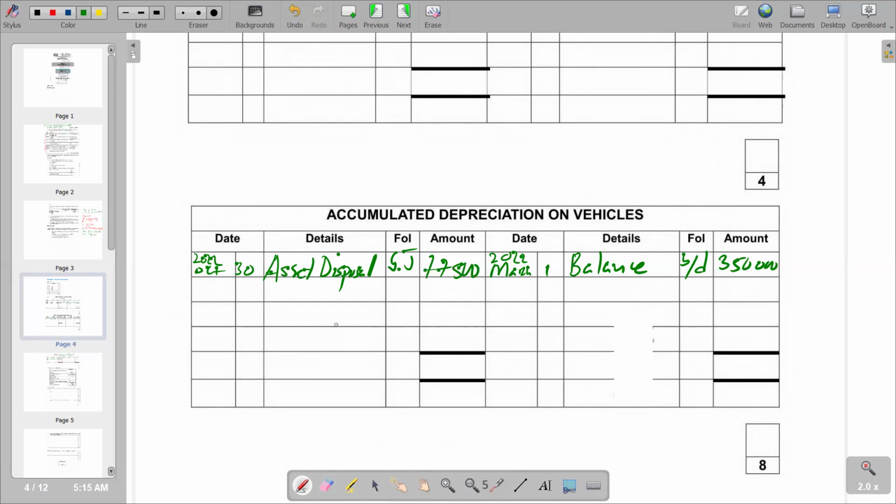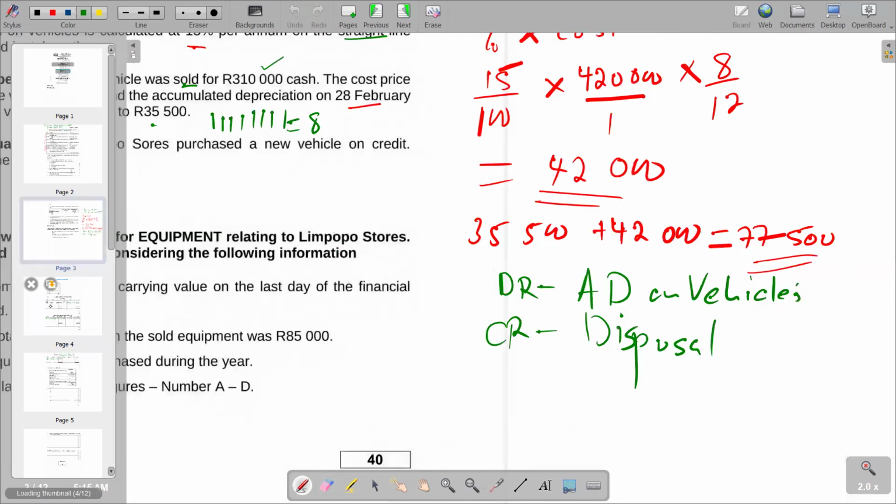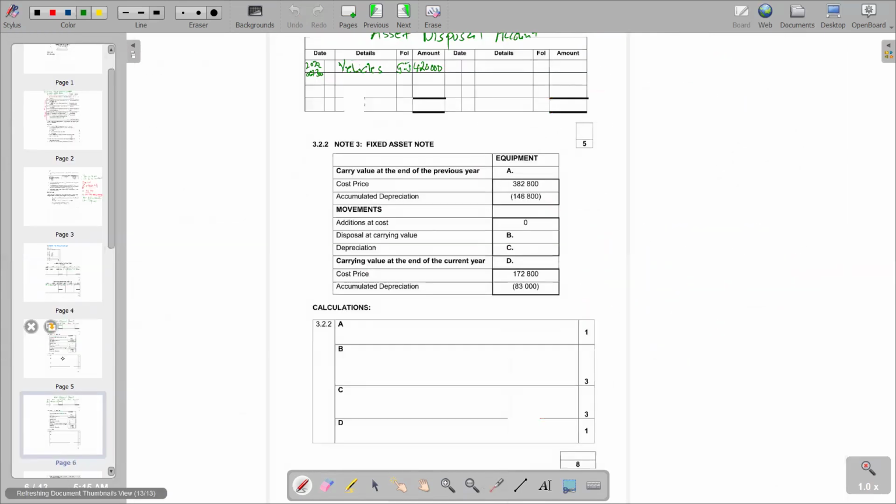And remember, I said we debit accumulated depreciation and we credit the disposal account. So you go to the disposal account, and on the disposal account, we are supposed to go to the credit side.